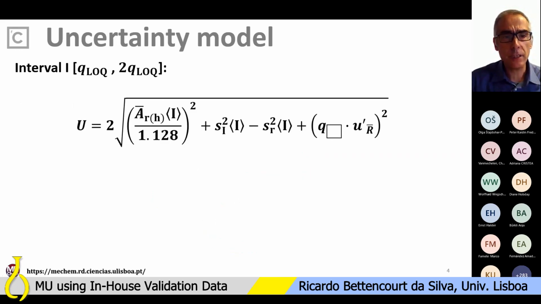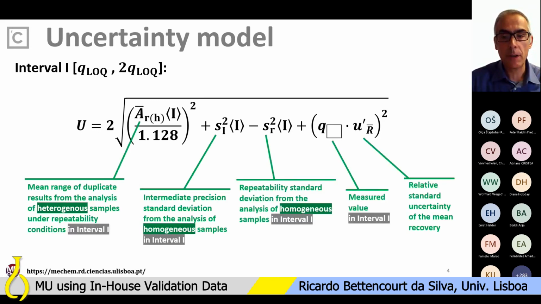For this first interval, the expanded uncertainty can be calculated as 2 times the coverage factor of 2, for approximately 95% confidence level, times a square root where you have different terms.